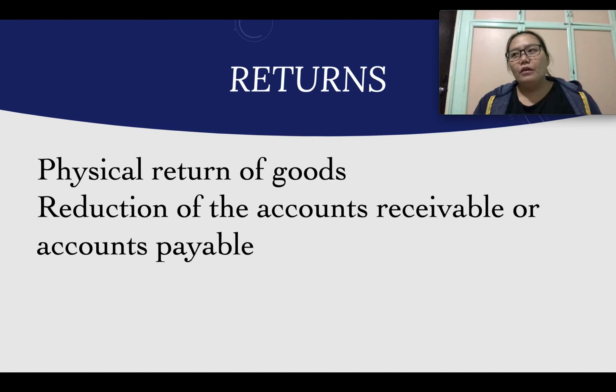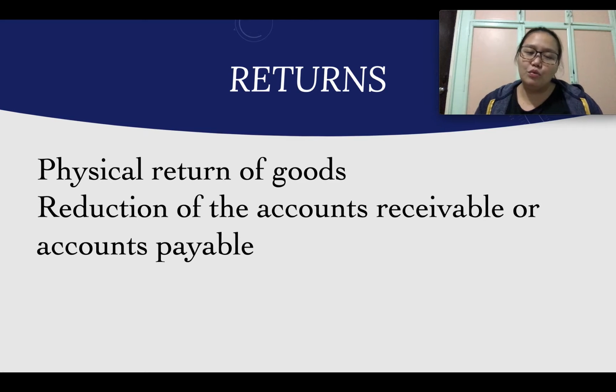Before we differentiate the two, let us mention their similarities. Number one, they are both a reduction of the account due from the customer, and the account due to the supplier. So, a reduction of accounts receivable or accounts payable.